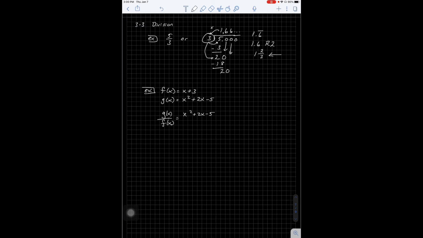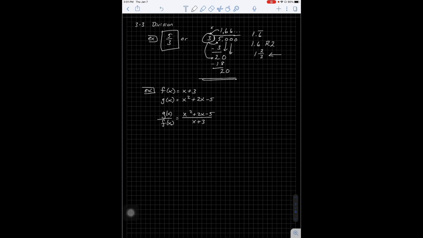Hey, it's this guy over this guy. And that's kind of equivalent to our fraction here. But now we want to say, well, what if we actually want to divide these out? How do we perform long division in this land of polynomials? And so the answer is very similarly to this long division algorithm. We're going to go through that.